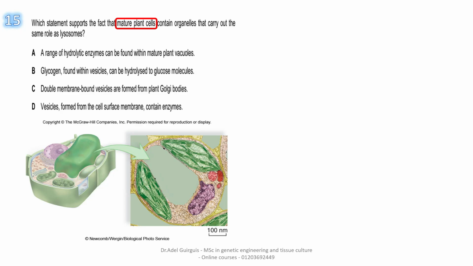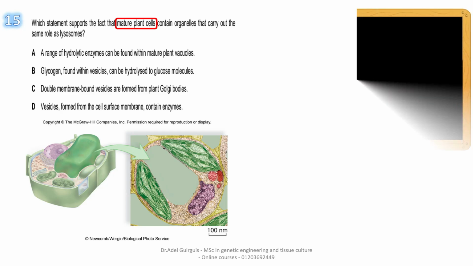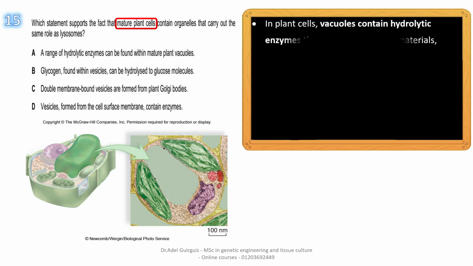Waste products inside vacuoles are broken down by what? By digestive enzymes, by hydrolytic enzymes. So in plant cells, vacuoles contain hydrolytic enzymes that break down waste materials. So the answer is A.